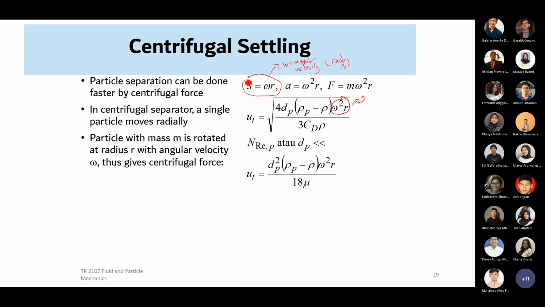U here is a linear velocity, so of course the unit is meter per second. In order to make this correlation consistent, we have to multiply by the radius. Radius here is in meters, so it becomes meter per second.